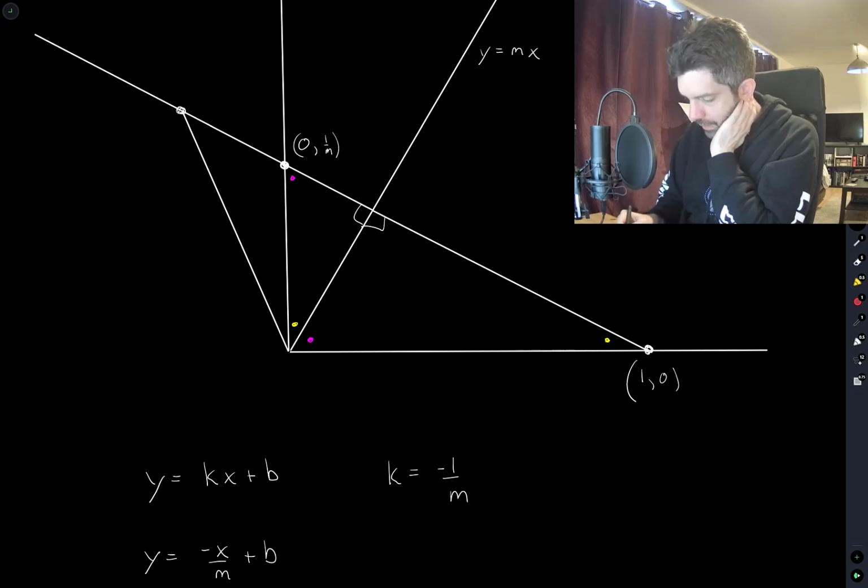So I can now find the intersection between these two lines.